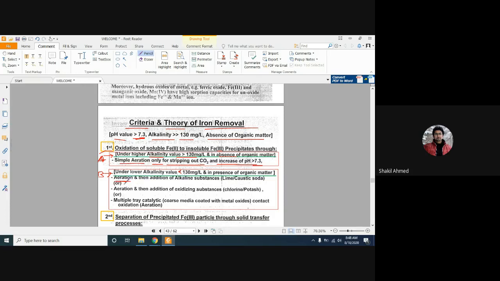You have to use aeration as well as add alkalinity by alkaline substances, because your alkalinity is now less than 130 milligram per liter. So you can use lime like calcium hydroxide, or caustic soda like sodium hydroxide.